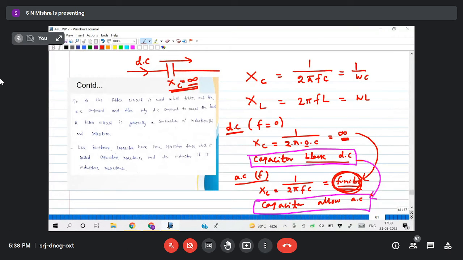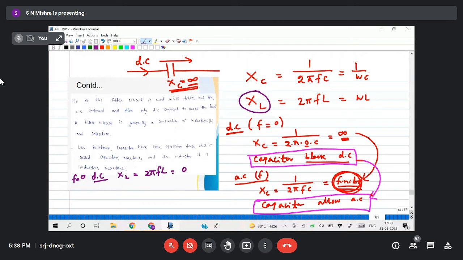Now let us consider XL. Same thing I will take for DC. Frequency is 0. So XL, how much? 2 pi FL, that is 0. Yes or no?